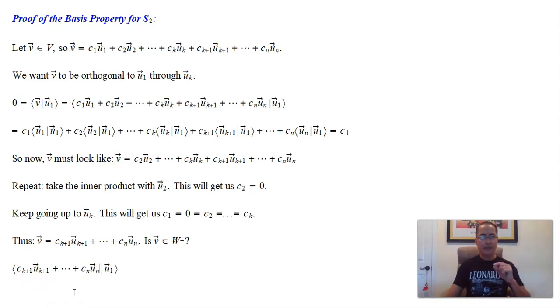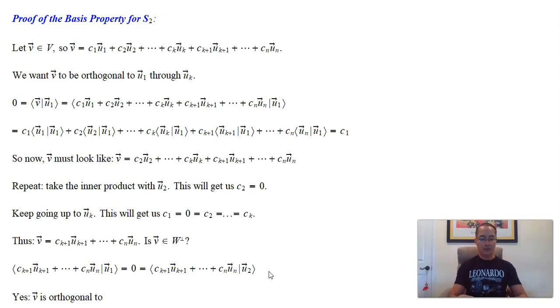Are we really done? Let's check. U1 is orthogonal to UK plus 1 all the way to UN. Yes, that's done. Is it orthogonal to U2? Well, U2 is orthogonal to UK plus 1 here. Yes, so they are all equal to 0. Yes, V is orthogonal to U1 through UK. So there we go.